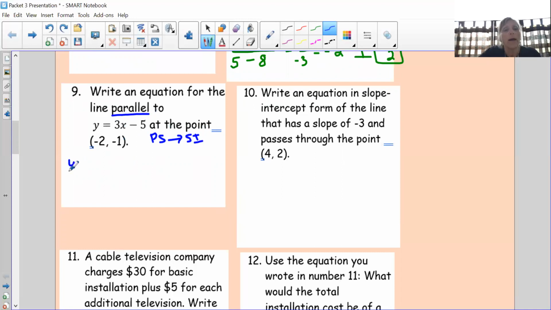So y plus 1, the reason I chose that is because the formula says minus, and if you minus a negative, you get plus. Our slope is 3, okay, and then x minus, but again, if you have minus a negative, it's plus. So now I'm fixing to distribute, and then I'm going to subtract away 1.